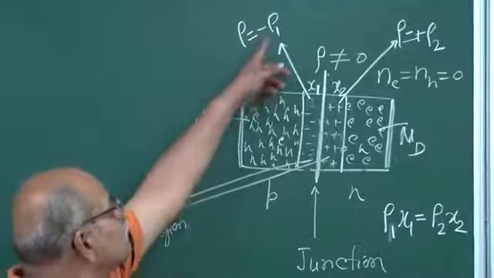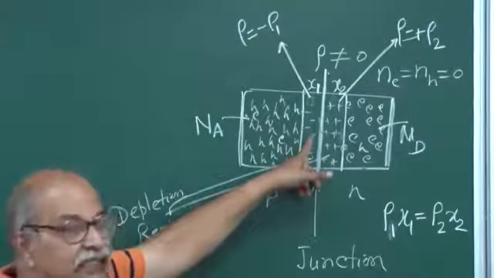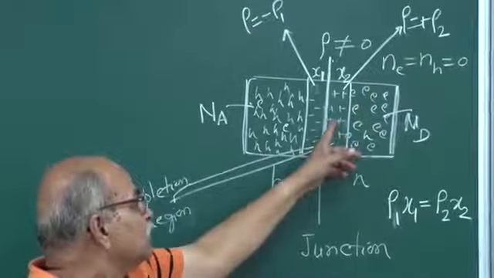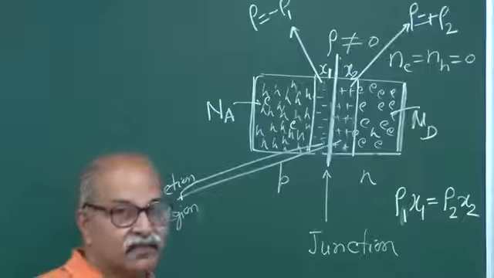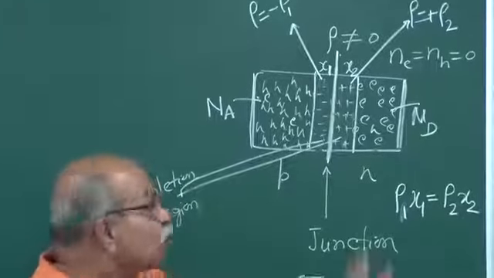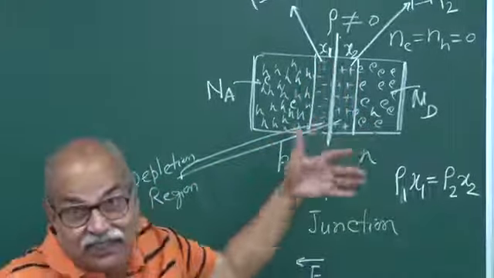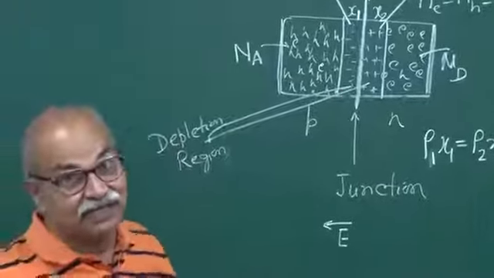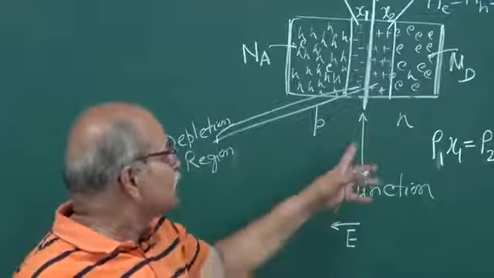Then this rho 1 times x1 in magnitude is equal to this rho 2 times this x2, because total charge has to be 0. Everything is neutral. It's only migration of electrons and holes from this side to that side and so on. So the total charge must be 0.